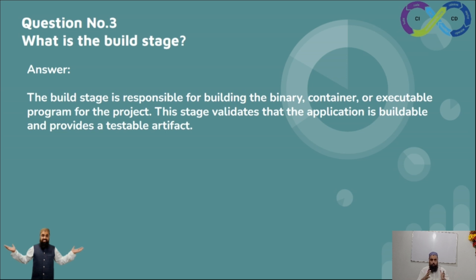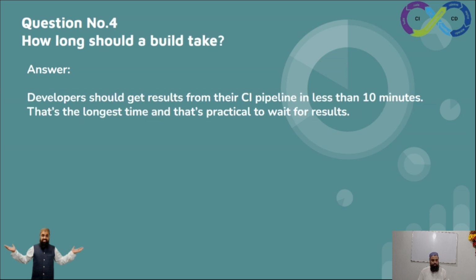When the code is committed, the code starts building and compilation, and at the end we get an artifact like a jar file. In Java we get a jar file and similarly other artifacts. So the build actually builds the code and compiles the code with dependencies, and this is our second stage of a CI/CD pipeline. Question number 4. How long should a build take?